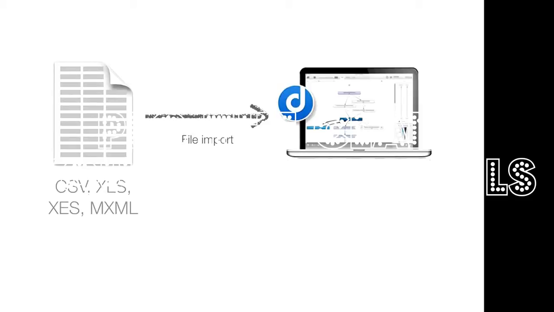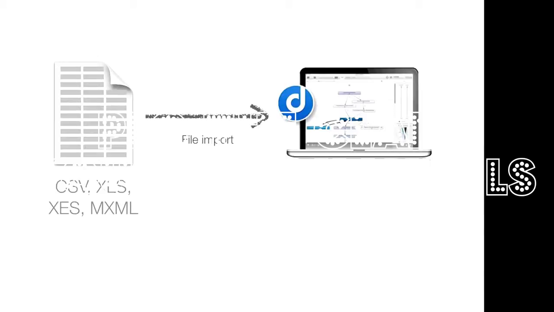In fact, we've been complimented a lot about the CSV import in Disco because it's very intuitive, very usable. You can configure the timestamp patterns and so on. So a lot of the pains that you normally have with dealing with and importing files, Disco takes away already.